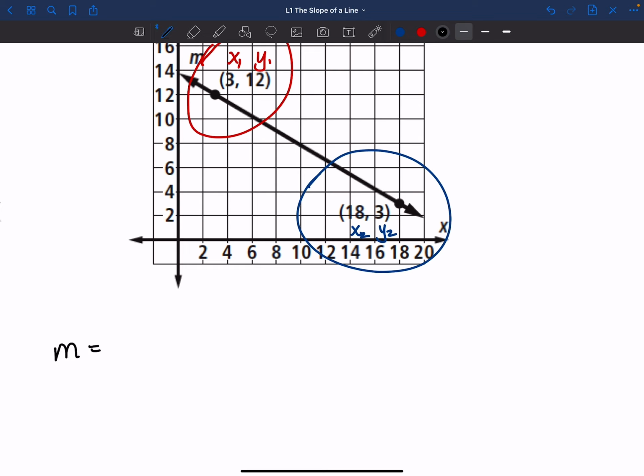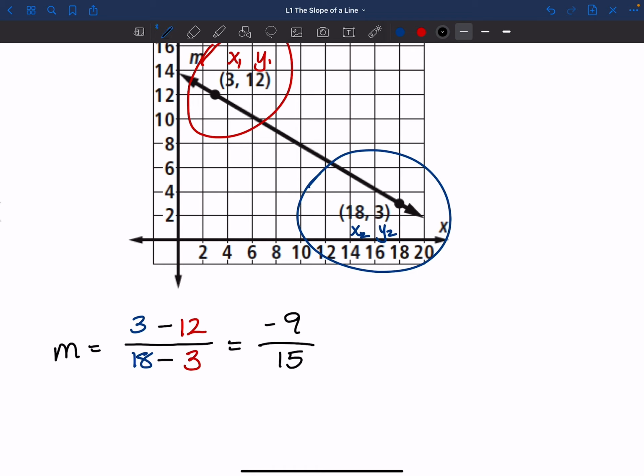All right, so my slope is equal to y2 minus y1 up on the top, and then x2 minus x1 on the bottom. Okay, so up top, 3 minus 12 is going to give me -9. 18 minus 3 on the bottom is going to give me 15. And again, -9 over 15 is something that we can simplify.